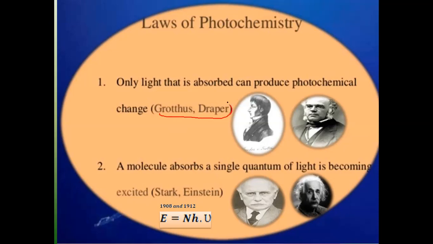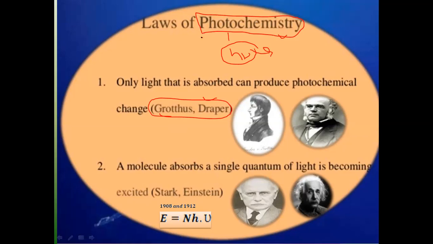Crotthers-Draper law. Crotthers and Draper's law means, if you think about photochemistry or a photochemical reaction, this photochemical reaction occurs because of the presence of light. But how is this light absorbed, and how does the molecule undergo the reaction?